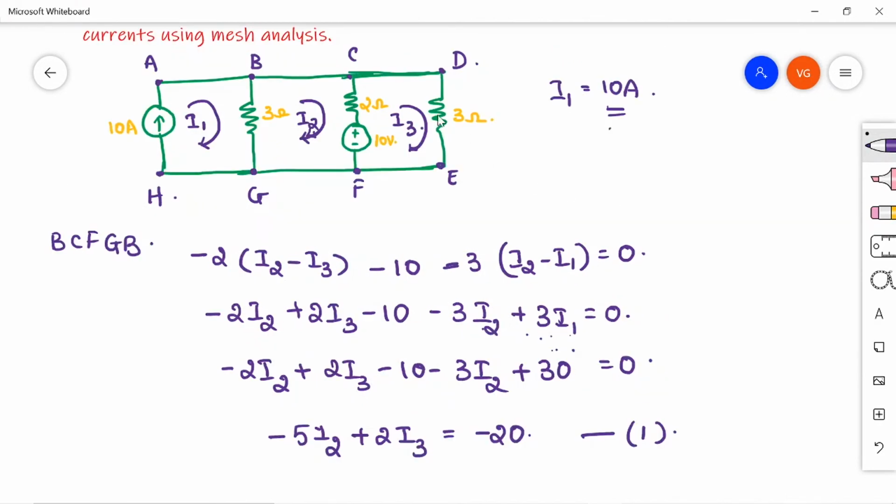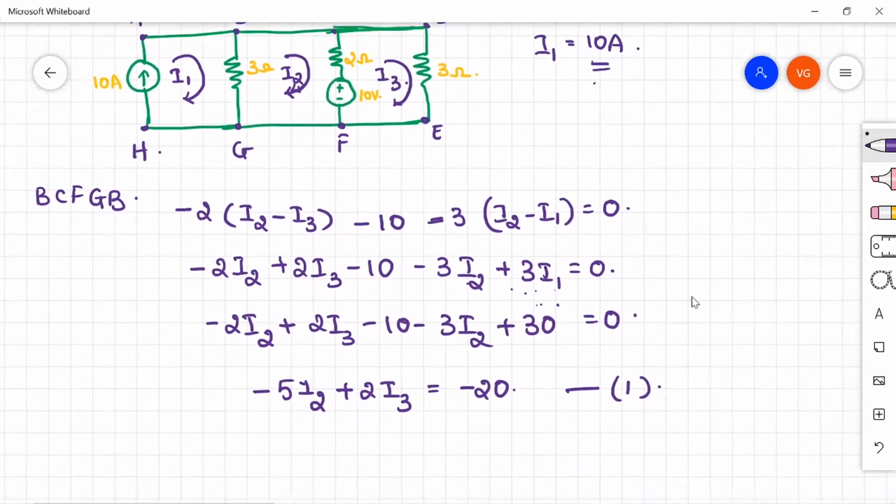Now consider the second loop and write down the equation, that is along C, D, E, F, C. Again the current that is flowing in 3 ohms is I3. So this comes to minus 3I3 minus 2 plus 10 volts, and in this 2 ohm resistor I3 minus I2. So minus 2 into I3 minus I2.